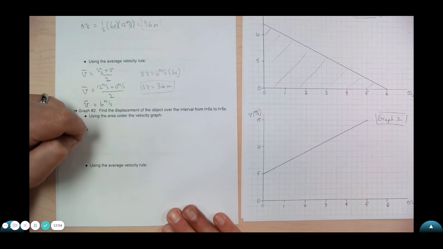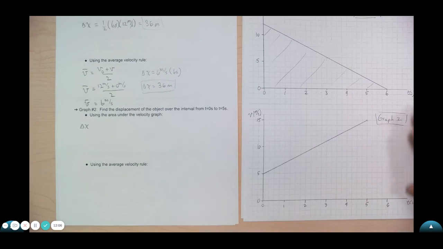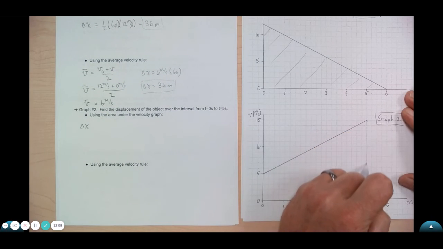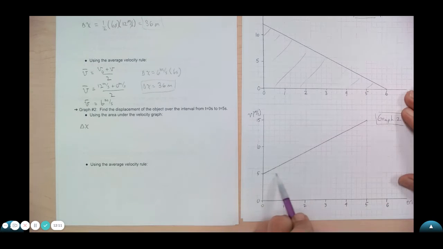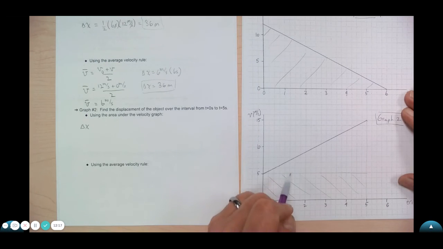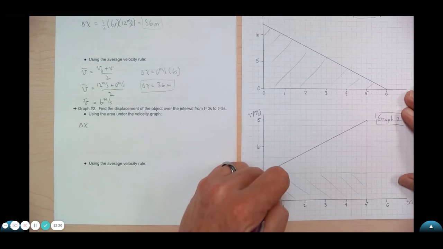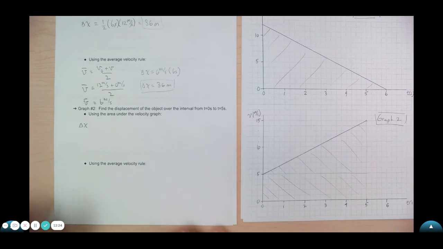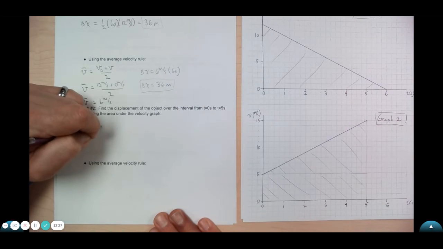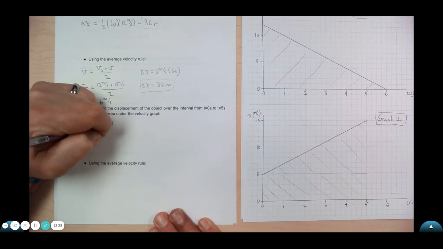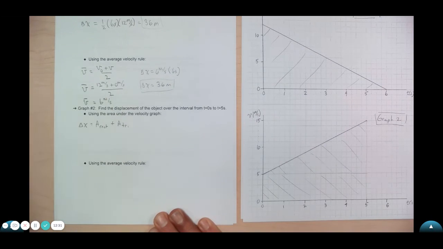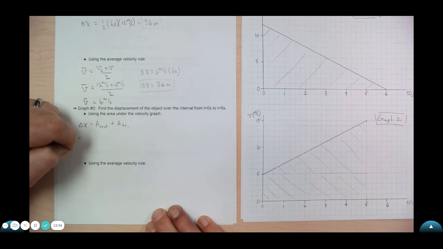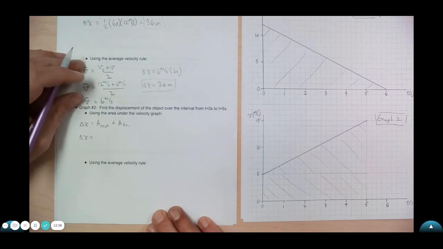Well, the displacement is going to be the area beneath the graph. Now, this is kind of a funky shape. It's a trapezoid, but I'm going to simplify it and say, hey, it's actually a rectangle with a triangle sitting on top of it. So its displacement would be the area of the rectangle plus the area of the triangle that sits above. Now let's look at how big each of these are.